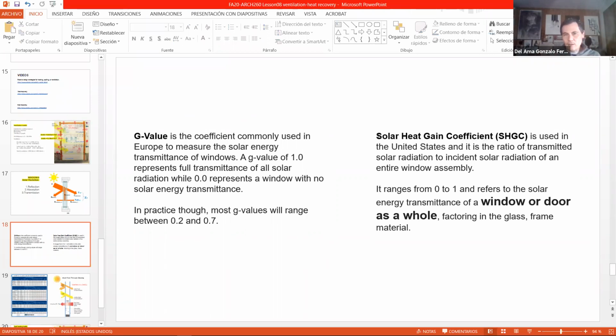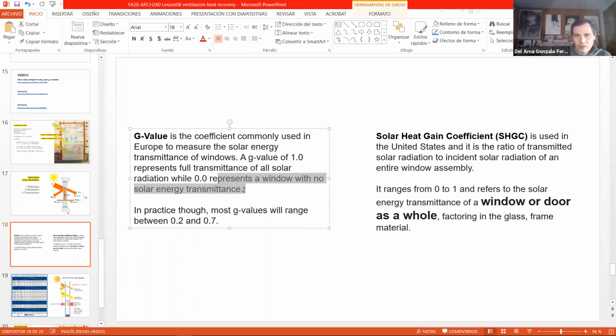If you are working in the United States, you are talking about the solar heat gain coefficient. It takes into account the glass and the frame. If you are working in Europe, they will inform you about the properties of the glass. Then the frame will be in a different catalog. Okay, so it's different. Anyway, it ranges from 0 to 1. 0 is a window with no solar energy transmittance.